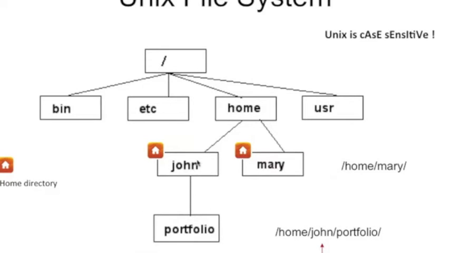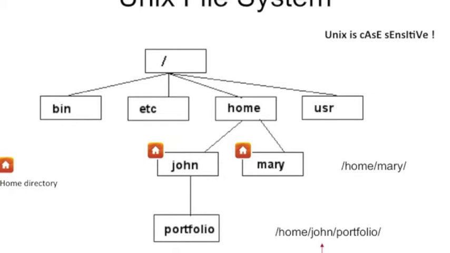In the home directory, you will be placing directories and files. For example, John created a directory called portfolio in his home directory. The path of the directory portfolio is his home directory, /home/John, and then the name of the directory he created: /home/John/portfolio.